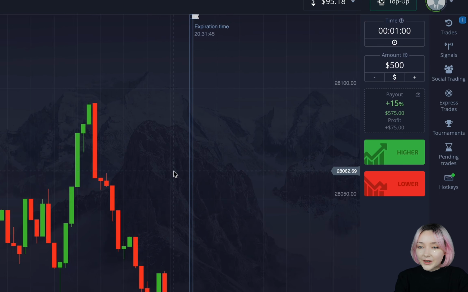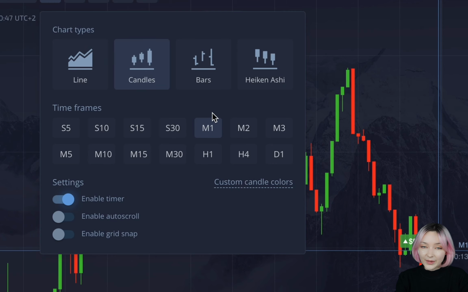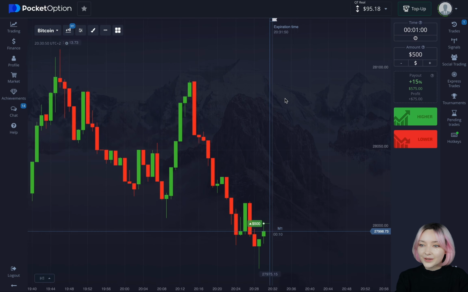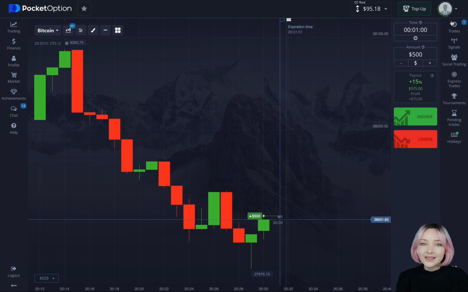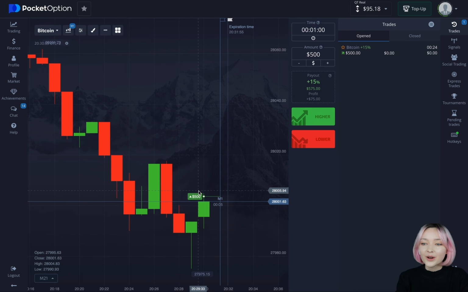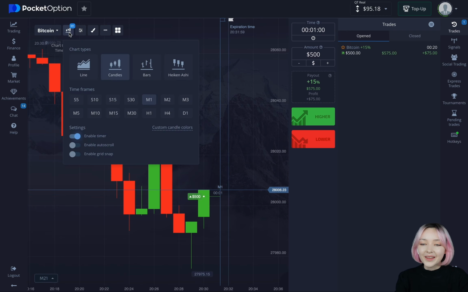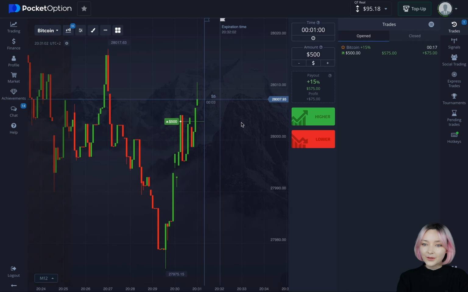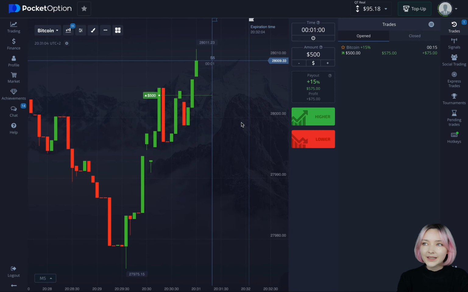So in order to not mix things up and get confused, if we're analyzing candles on a chart with a 1 minute time frame, our deal should also be set for 1 minute. If you work with an older time frame, for example 5 minutes, 15 minutes, etc., your deals should also be set for an extended period of time.